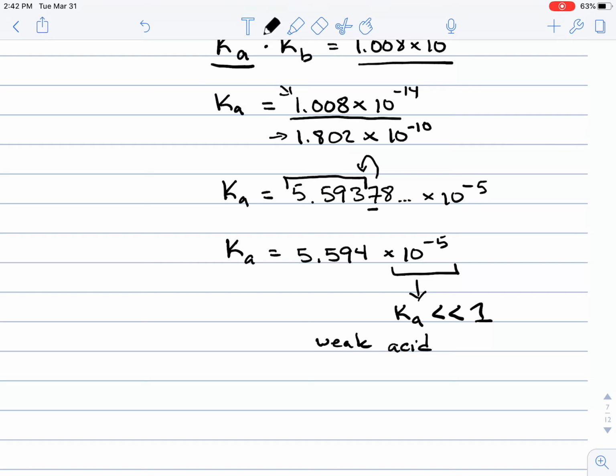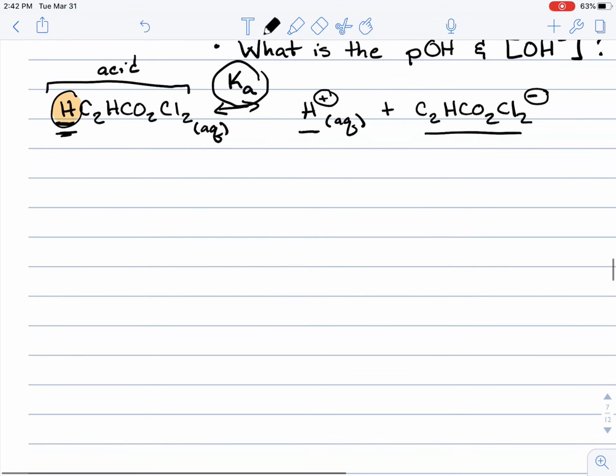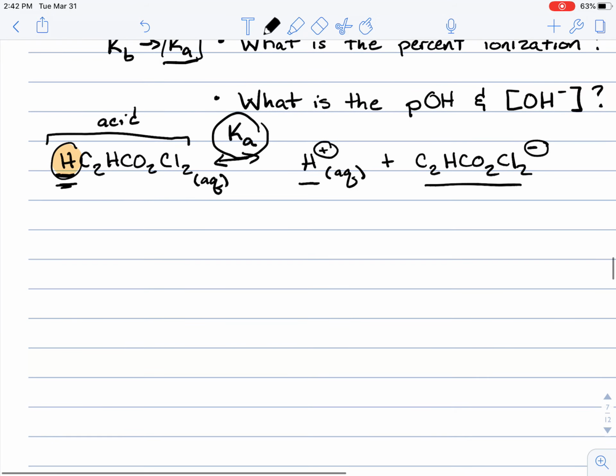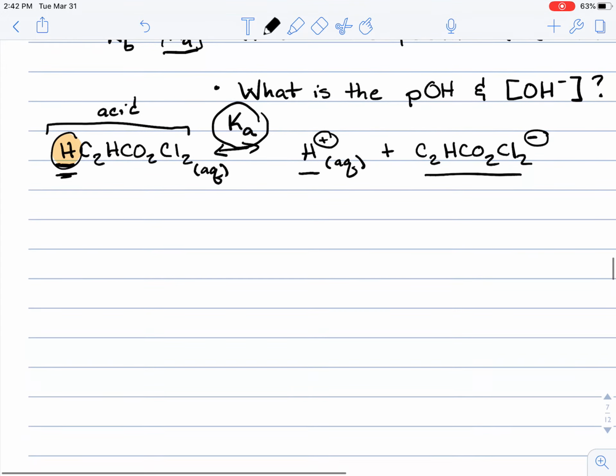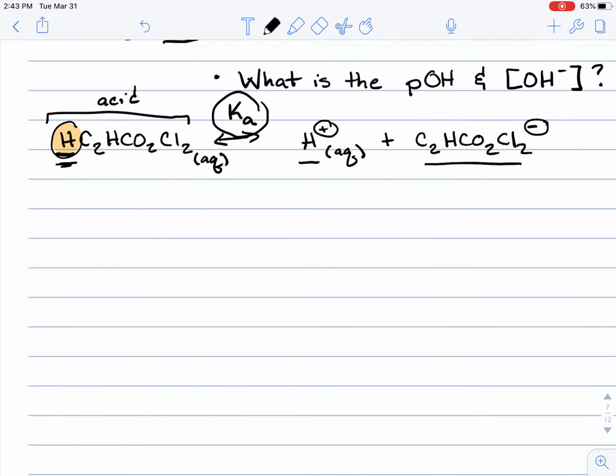So when we develop our ice table, the value that we're going to place in change is going to be X, not the initial concentration. If the acid ionization constant is far, far greater than 1, then the change would be the initial concentration. Now that we have the value for Ka, let's develop our ice table. I is initial concentration, C is change, E is the equilibrium concentration.